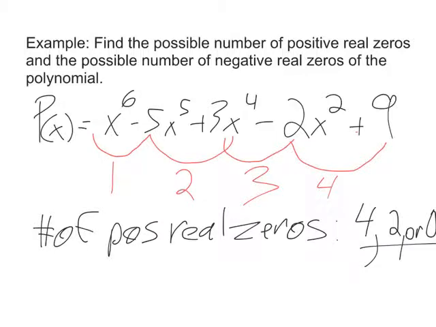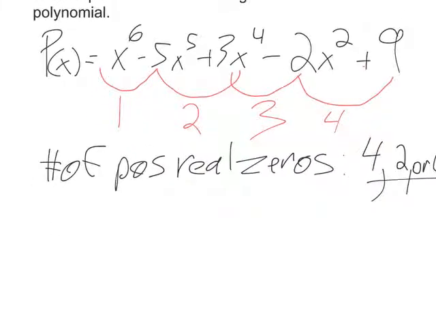Now let's go on and find the negatives. Okay, what we have to do is change the P of x to P of negative x. That's very easy. Again, anywhere that you have an even exponent, the sign's not going to change when you plug in negative x, but if you have an odd exponent, it is.